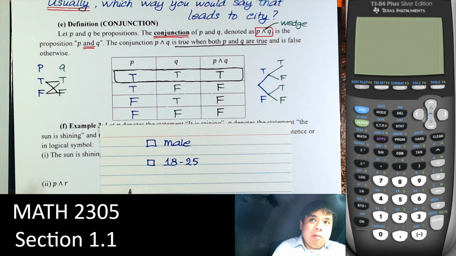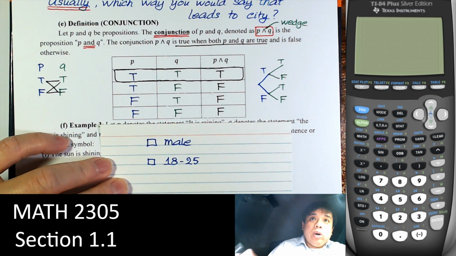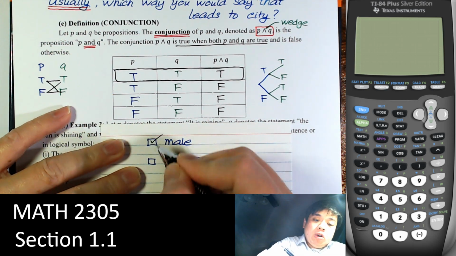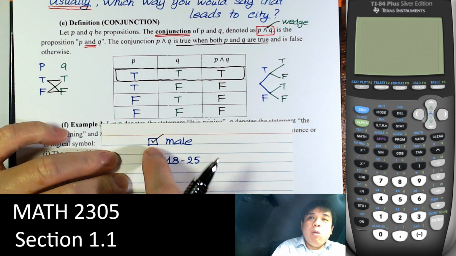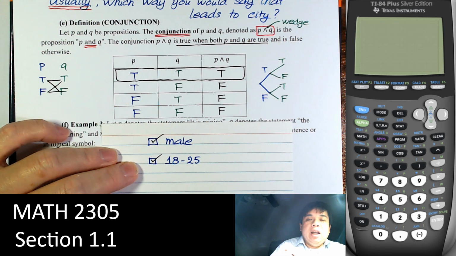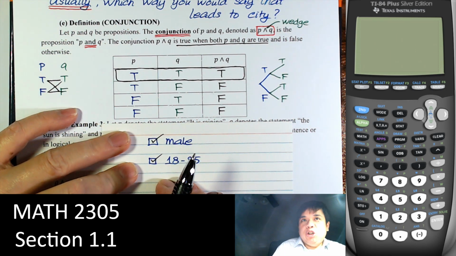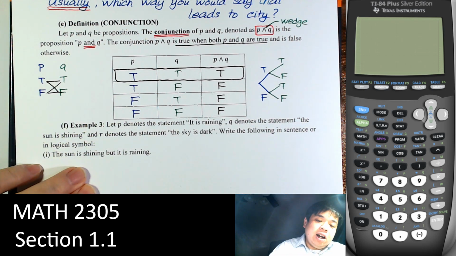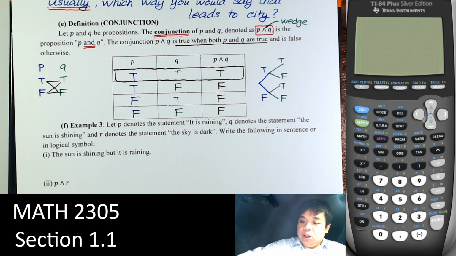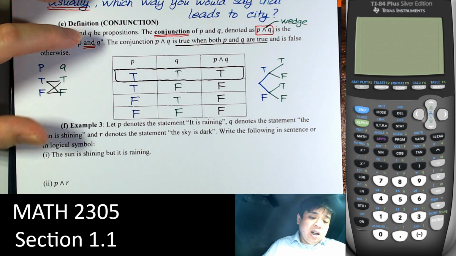Right, so with that, you have to check both of the boxes so you can sign up for the selective service. You have to have both of these, right? So in order to be true, both of them have to be true. That's an example that I think is very good to think about this scenario.